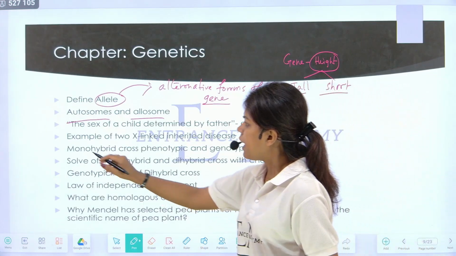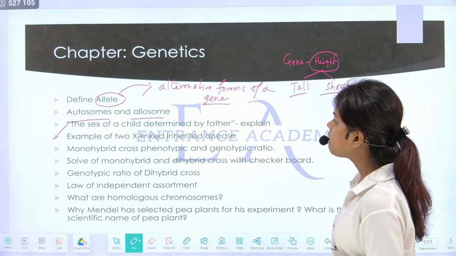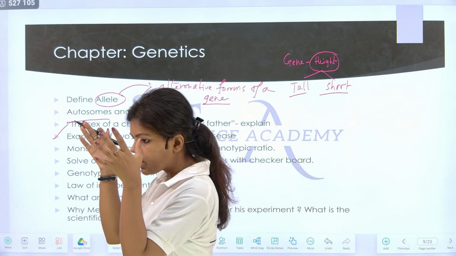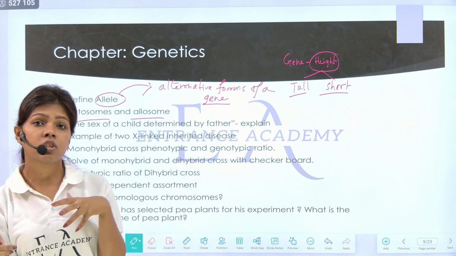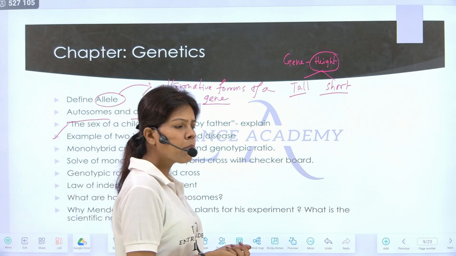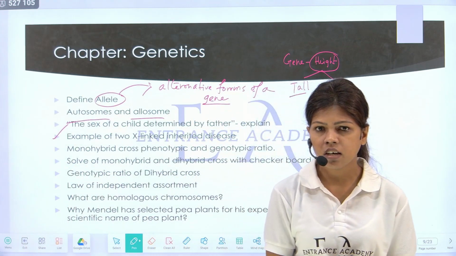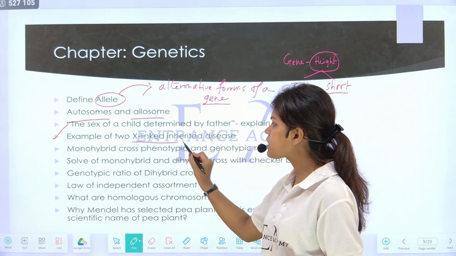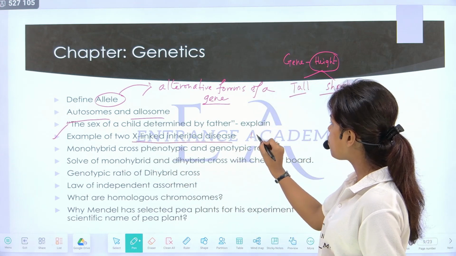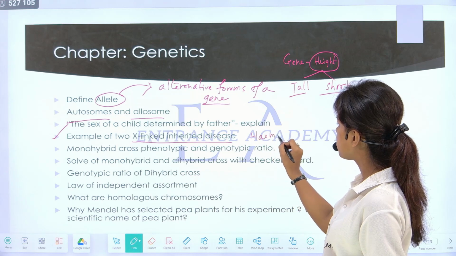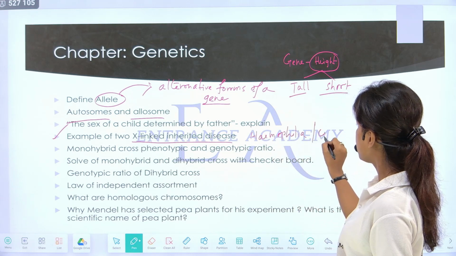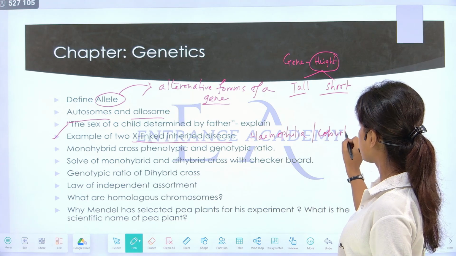Next, examples of two X-linked inherited diseases. X-linked inherited disease means the diseased genes are present on the X chromosome. Examples are hemophilia and color blindness.